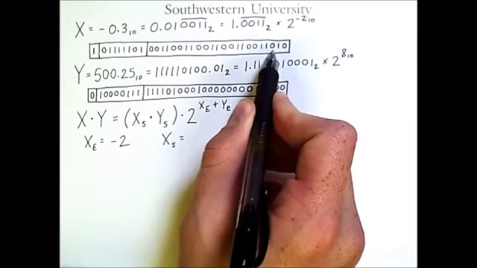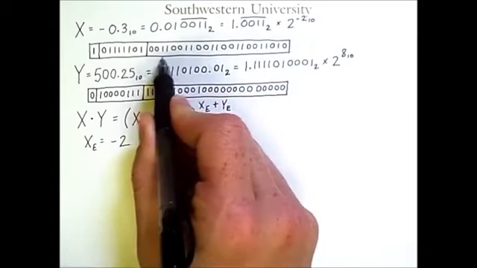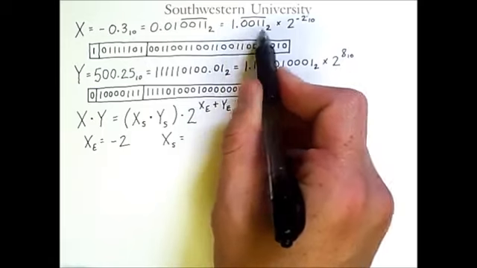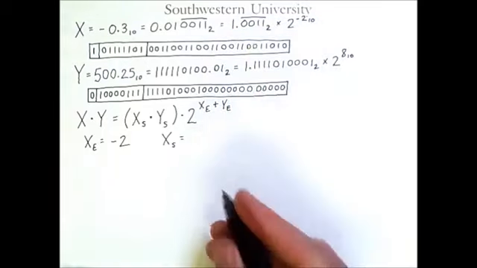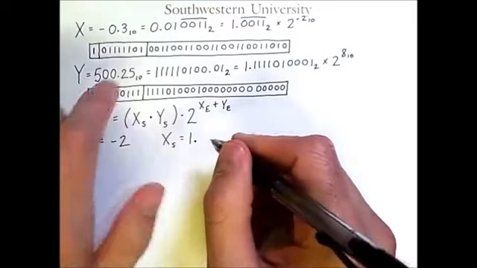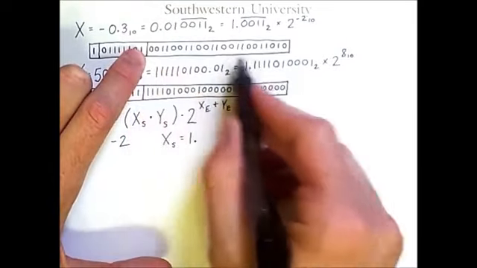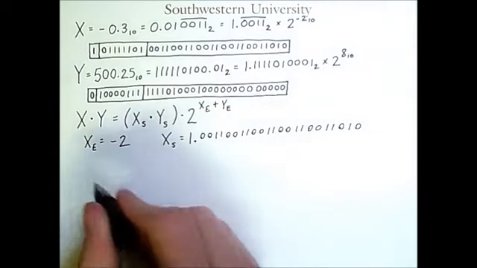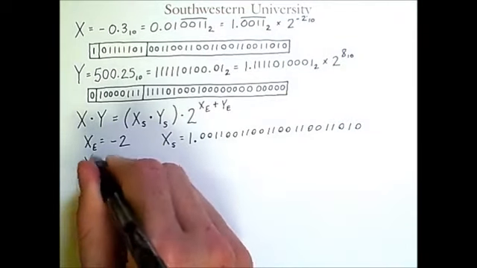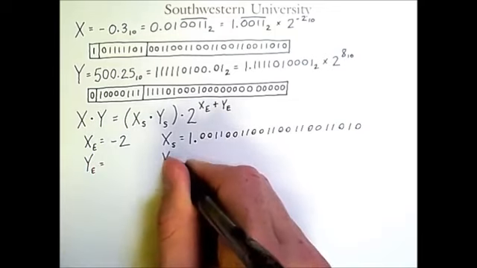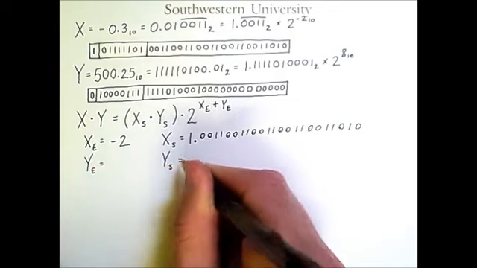So note that in this operation we will use the rounded floating point value and not the actual repeating value. So we will have 1 point, and then I will put in these specific bits here. And now I will compute the exponent and significand for y.